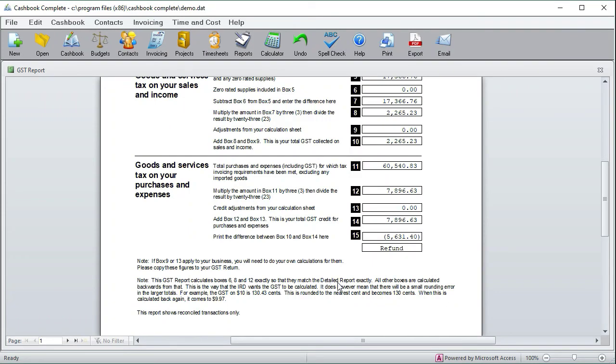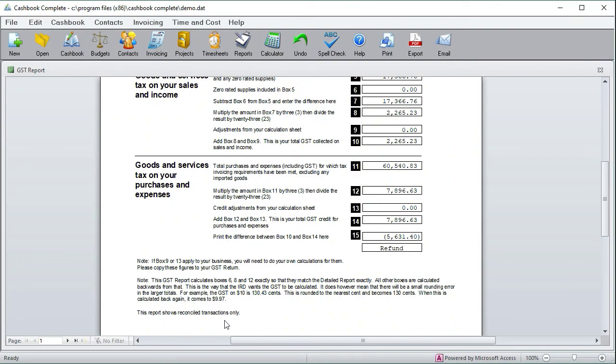So with the rounding, for example, if we start off with a sale of $10 and we calculate the GST, it comes to 130.43 cents, and then that's rounded to 130 cents, and then when we calculate it back again, the sale comes back to 99.97. So that's a difference of a few cents.